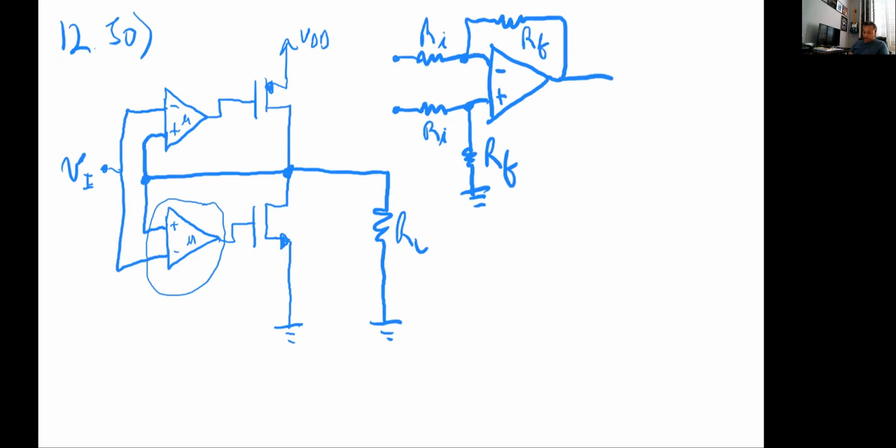So this would be the positive input, this would be the negative input. And so essentially what is inside those mu boxes is this.